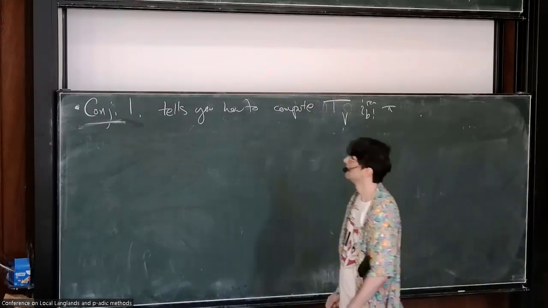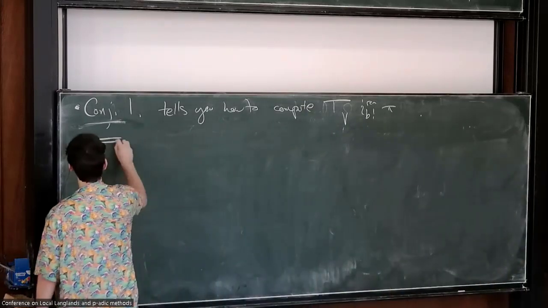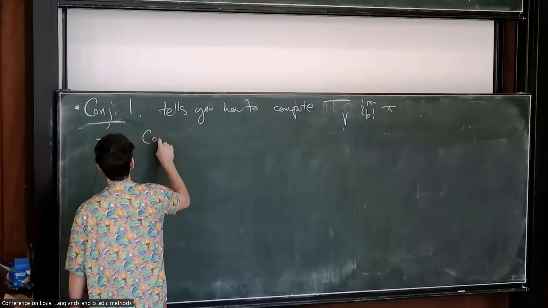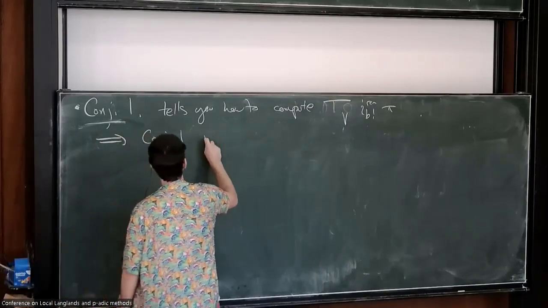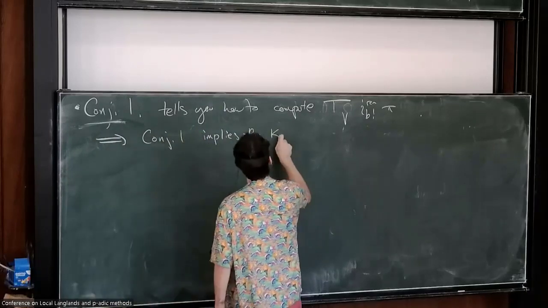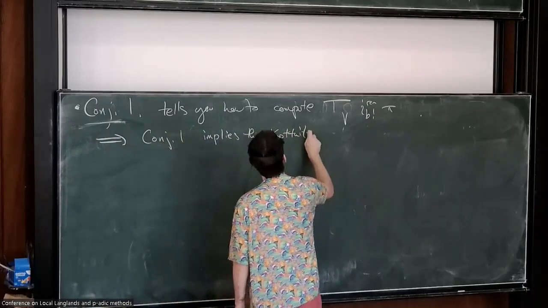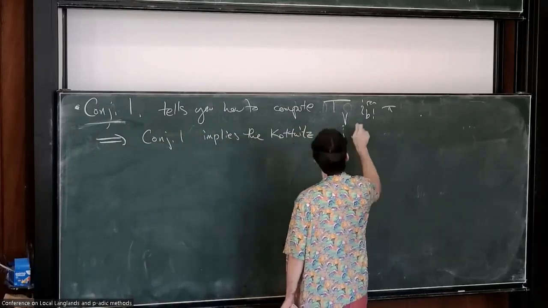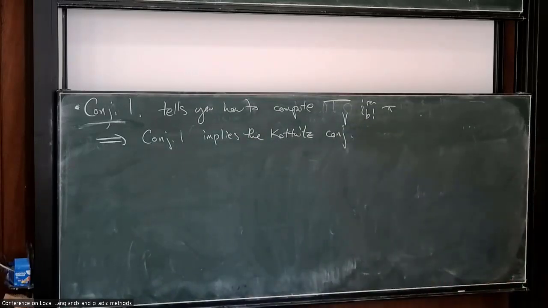And if you stare at things for a minute, you'll realize that as a special case of this, conjecture 1 implies the Kottwitz conjecture. And somehow for supercuspidal parameters, conjecture 1 is more or less equivalent to the strongest form of the Kottwitz conjecture.